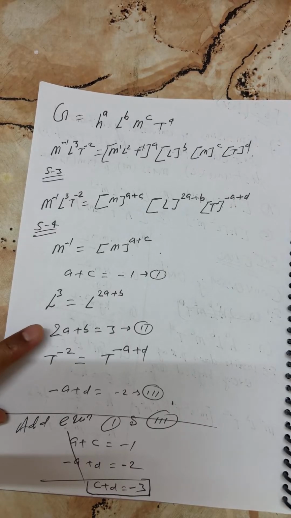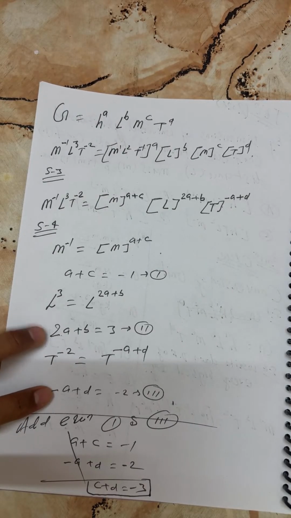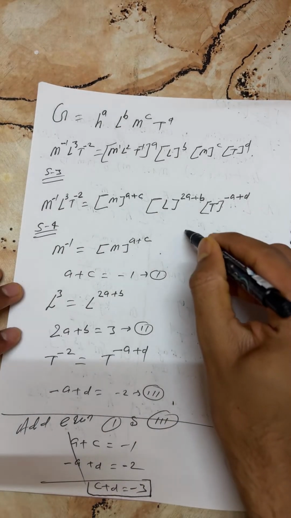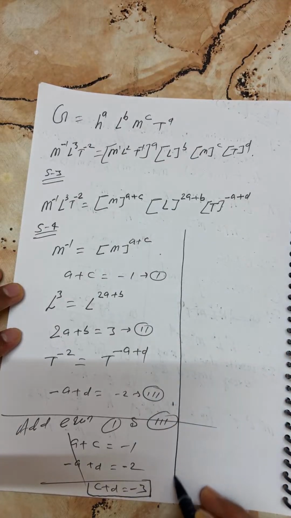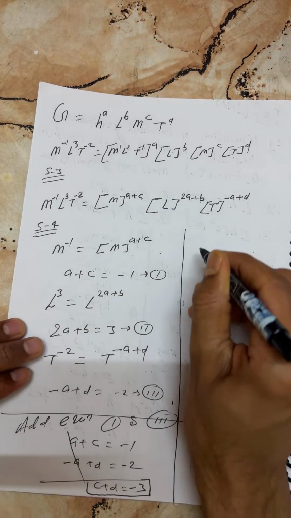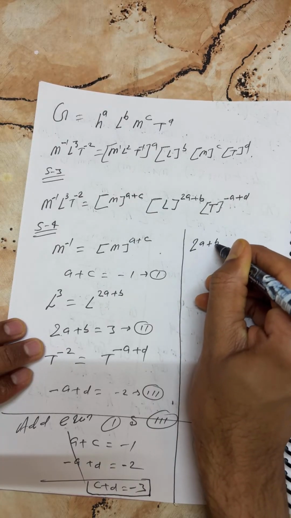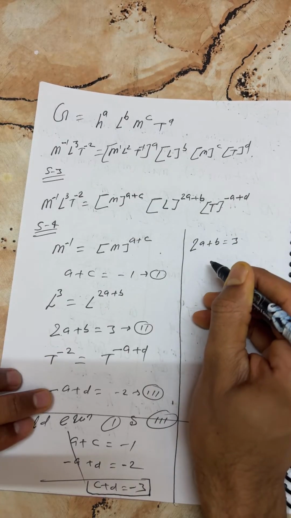Then we can use some terms from here, a and b, so we'll get the b and d relation. How? Be patient. This is 2a plus b is equal to 3.